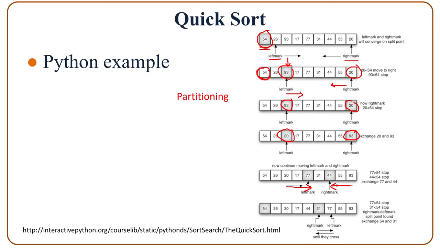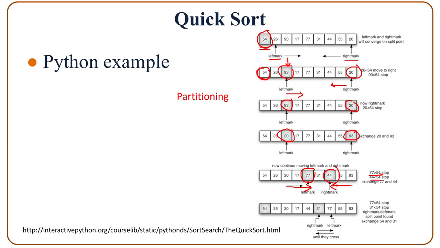Checking the left mark value, which is 77, greater than the pivot, which is 54. And the right mark element, which is 44. 44 is less than the pivot, which is 54.